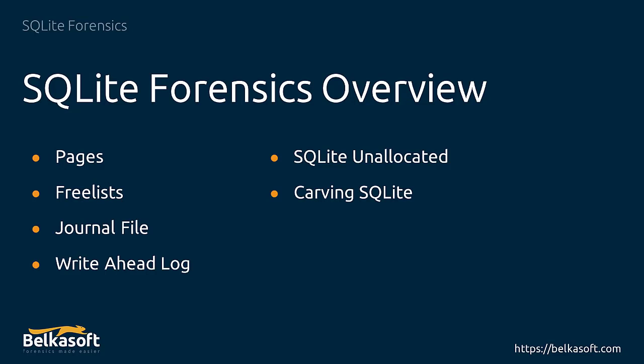We then covered journal files and write-ahead logs, which are used to maintain the integrity of the main database files, and how to recover additional data from these secondary databases that will eventually disappear after a commit to the main database. So again, at some point, 2 versions of a database may exist. Using a tool like Belkasoft X will allow you to get the maximum amount of data from these SQLite database files, both primary and secondary.